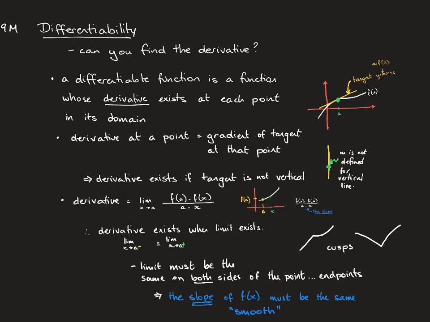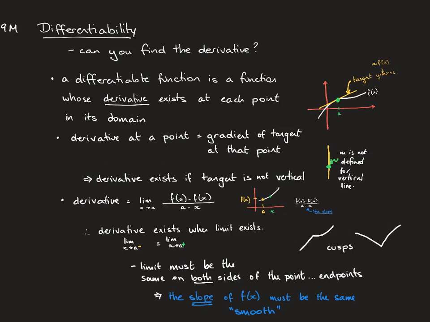So we've got some different definitions of a derivative. We know that the derivative of a function at a point is equal to the gradient of the tangent at that point. So for this function over here, for any point a, the value of the derivative is the gradient of that particular tangent.